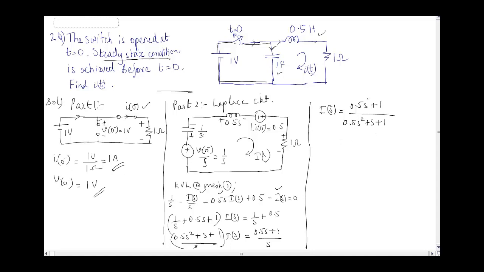Now, as you know that we have to keep the coefficient of the highest power as 1, so I will again write I of s. I will take 0.5 from the numerator and 0.5 from the denominator, and they will cancel off.